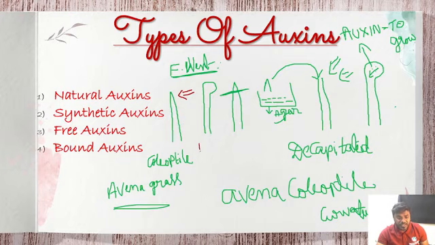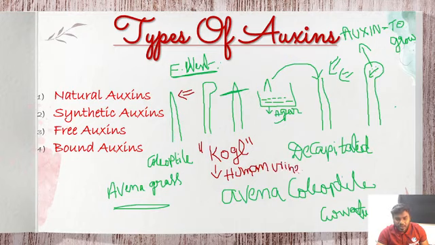After him, my friends, there is another scientist named Kogel, K-O-G-L. Kogel is the scientist who isolated the auxin from human urine. My friends, please listen to my statements. You should not think that auxin has a key role in our body. That is an absolutely wrong statement.